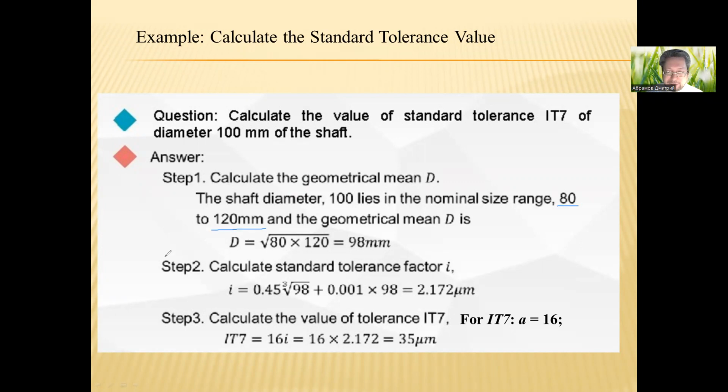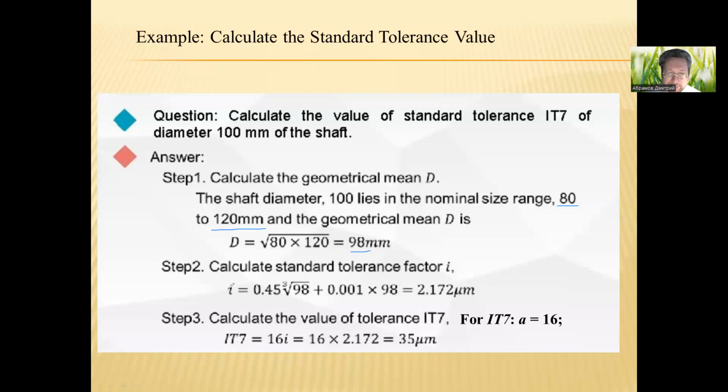The geometric mean D equals the square root of 80 multiplied by 120, which is equal to 98 millimeters.